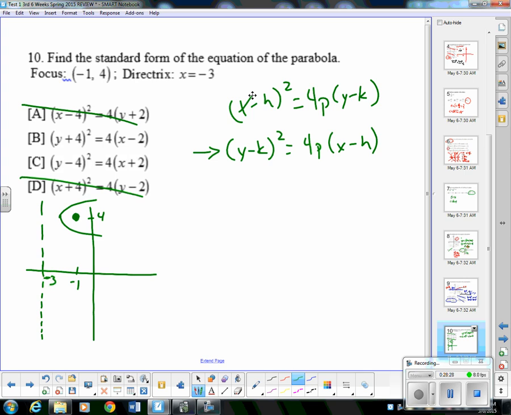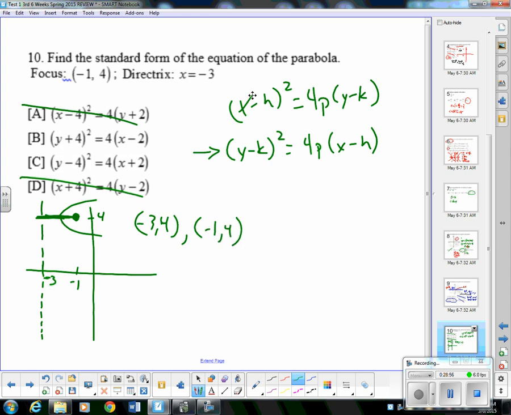So I've got to figure out, is it B or is it C? And so it'll help if I identify h, k. Well, remember, h, k is the midpoint between these two parts right here. I'm just going to sort of draw a line there. That's where h, k is. So in other words, the vertex is somewhere centered between -3, 4 and -1, 4.